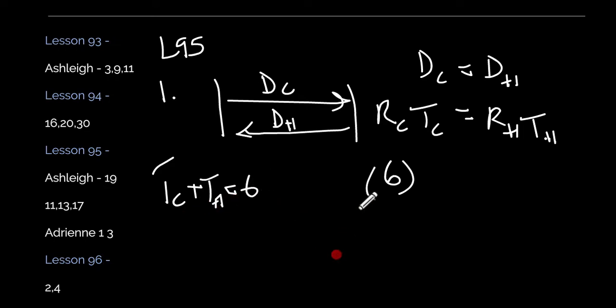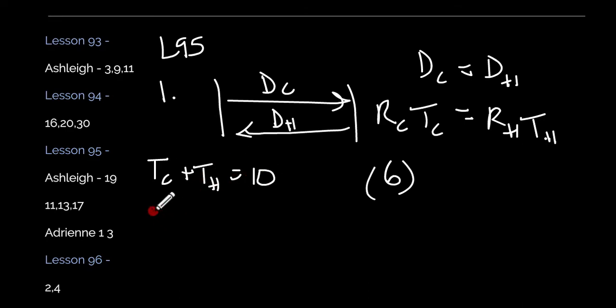Time campsite plus time home equals 10. So time campsite equals 10 minus time home.